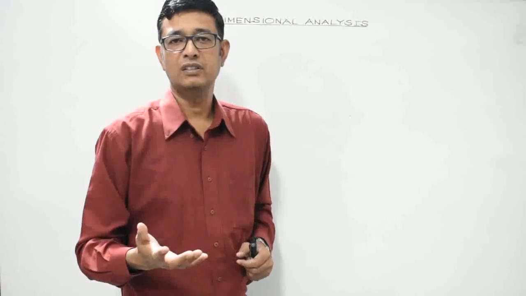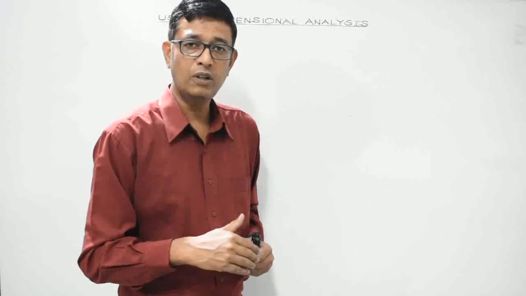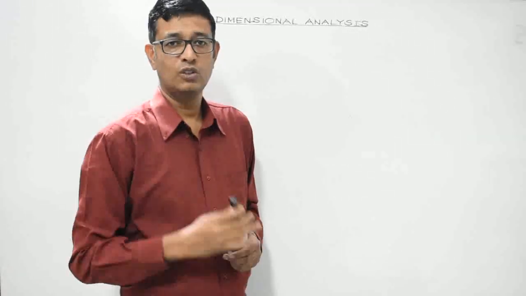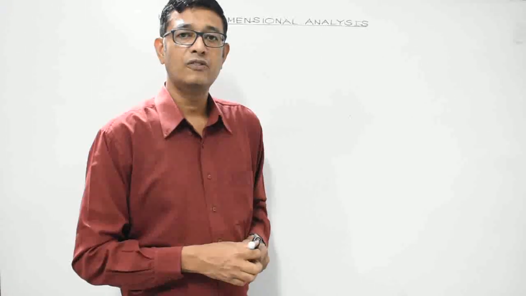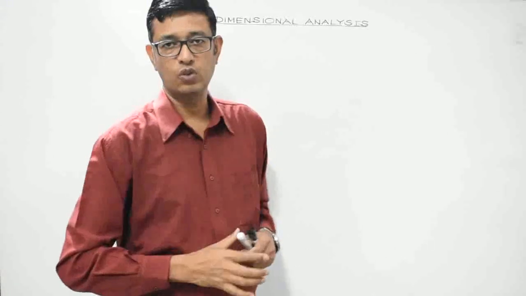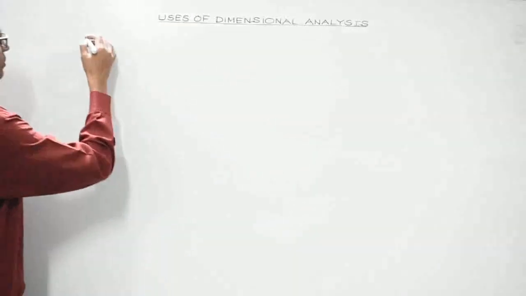That's the second use. And third, obviously, it can also be used to convert from one system into another system. So, let's make use of dimensional analysis in finding the relationship between different physical quantities, right? So, use number 2.